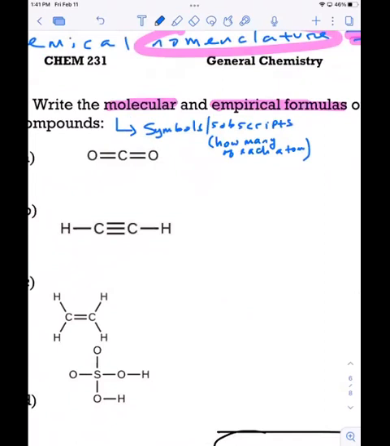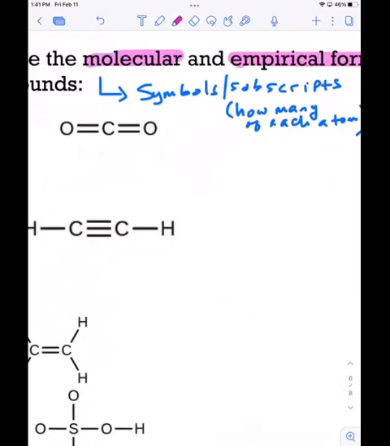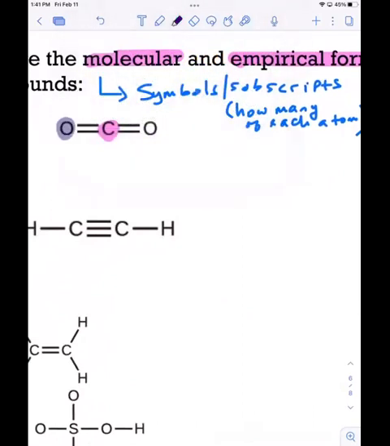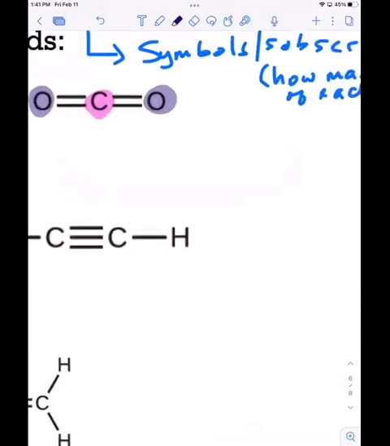So in this particular formula, what do we have? We have a carbon, is that right? And then we also have 2 oxygens. So when I write the molecular formula for that, I write it like this: carbon and then oxygen. But the fact that there are 2 oxygens in this molecule, I have to indicate that with a subscript.